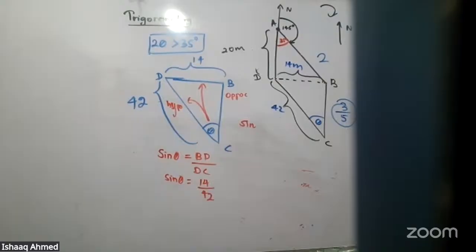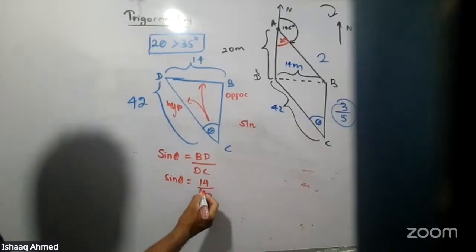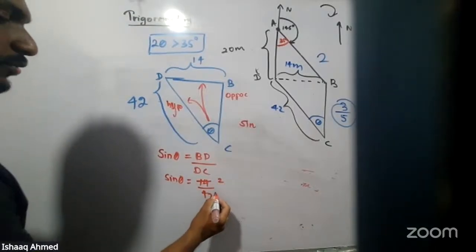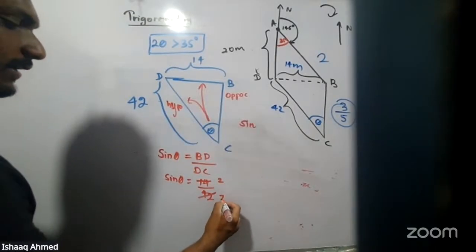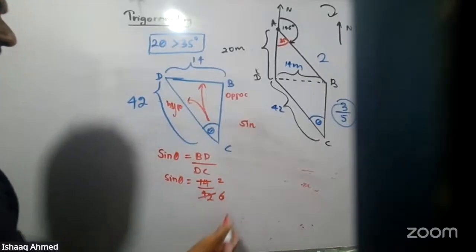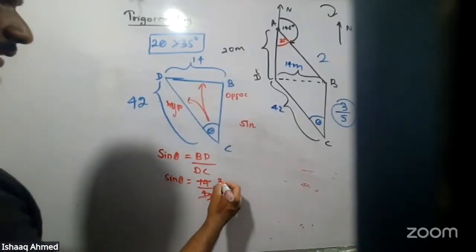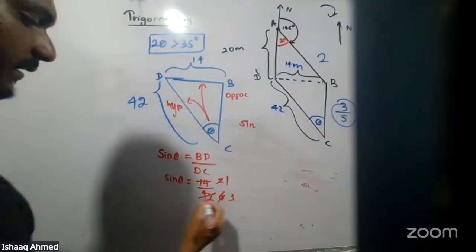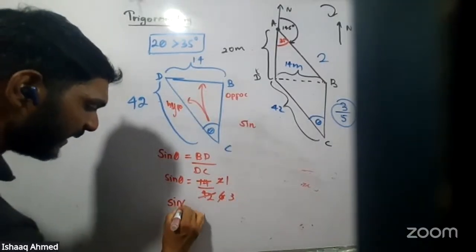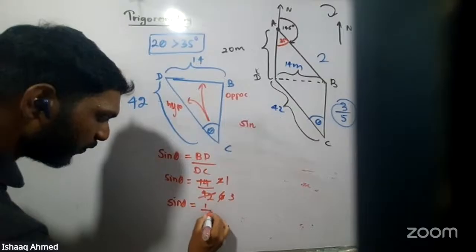Sine theta equals 14 over 42. First of all, we can simplify this both with 7, no? This is 2. 6 sevens are 42. So this is 6. Then again, we can simplify this. 1, 3. So sine theta equals 1 over 3.